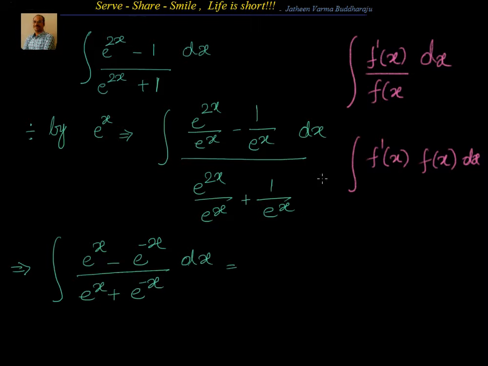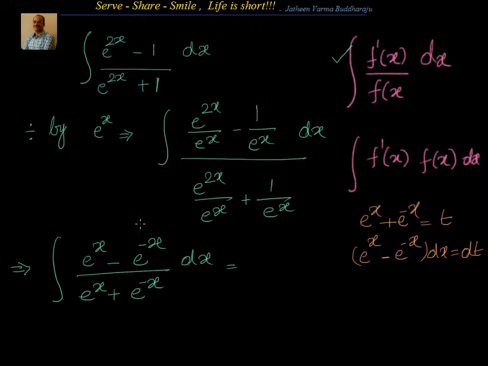Now we have successfully transformed that into the first type of problem, where you have f of x in the denominator and f dash x is the numerator. So we'll say that e power x plus e power minus x is equal to t. Then differentiating on both sides, you will have e power x minus e power minus x dx is equal to dt.